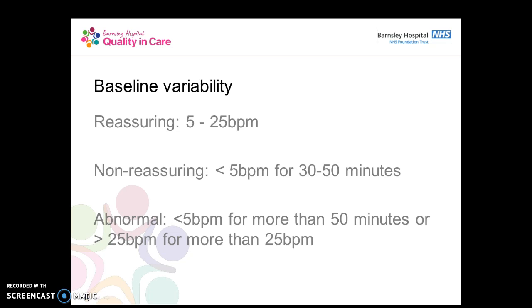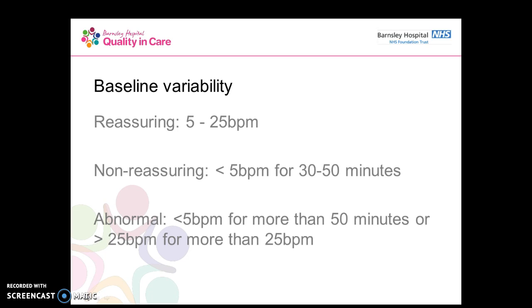Right, so we're going to look at baseline variability now. Baseline variability is an indication that the baby is okay and compensating for any changes that occur that affect its oxygen supplies. So a reassuring baseline variability is between 5 and 25 beats per minute.